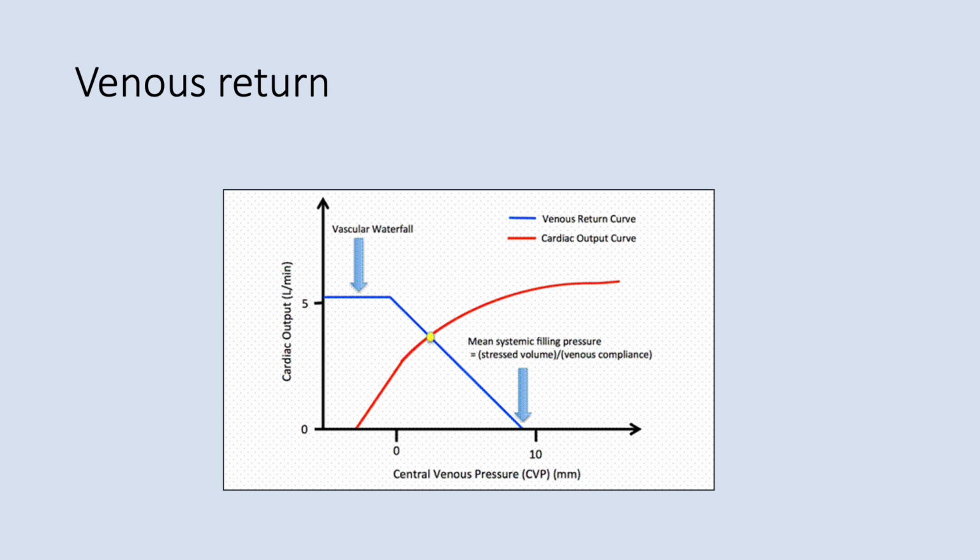However, with an increase in the central venous pressure or the right ventricular pressure, there will not be much flow between the systemic venous system and the right ventricle, and there will not be much venous return, and that's why the cardiac output after that will be static.